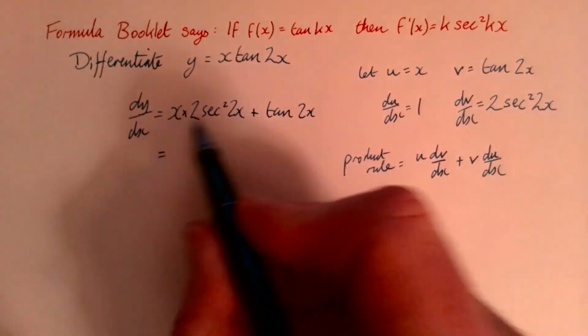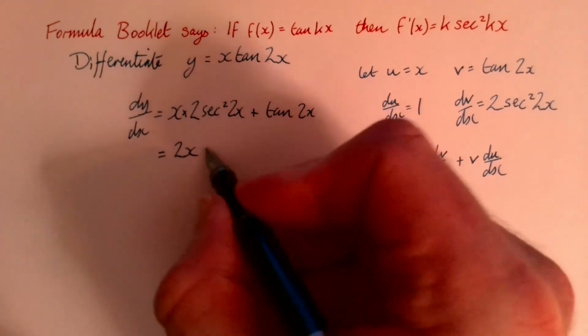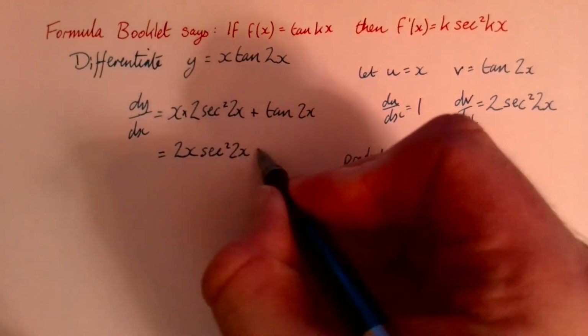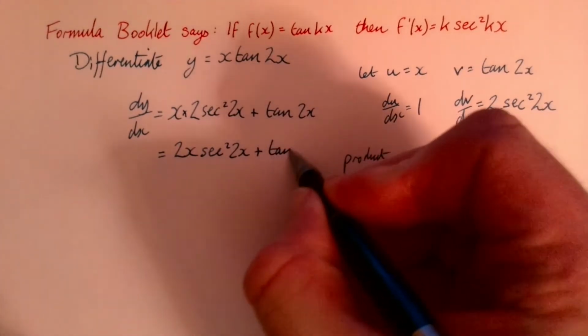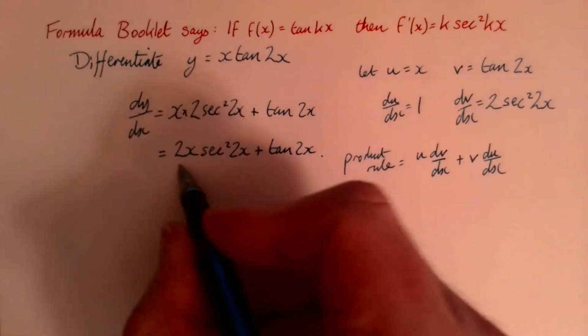So we just need to clean this up a bit. If we times 2 by x, we call that 2x, don't we? So we can just call that 2x sec squared 2x plus tan 2x, and that's that done.